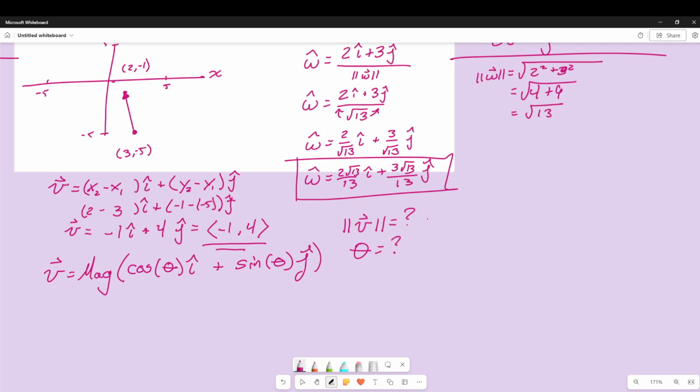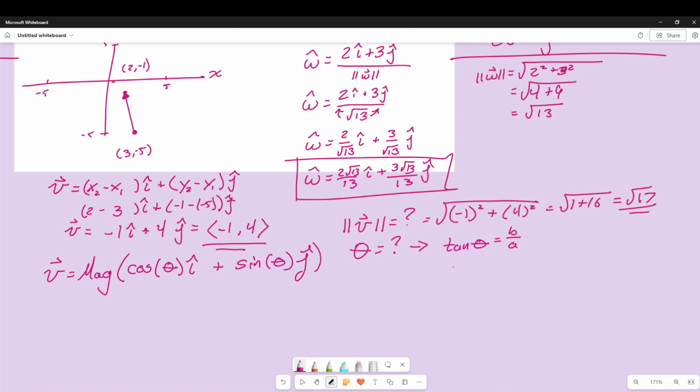But the nice thing is we know how to find both of those things. The magnitude is the square root of the sum of the squares of the components, so negative 1 squared plus 4 squared is the square root of 1 plus 16, or the square root of 17. That's our magnitude. And we can find the angle by noting that the tangent of our angle is equal to b over a, or y over x.